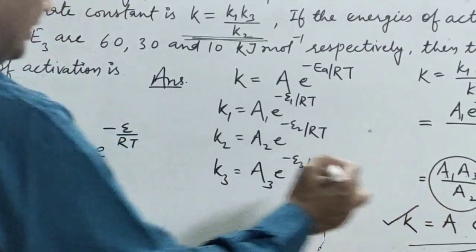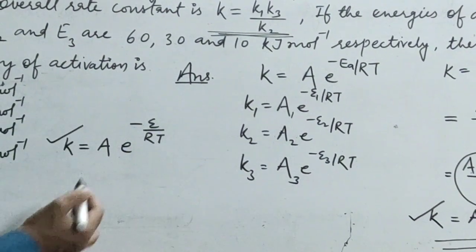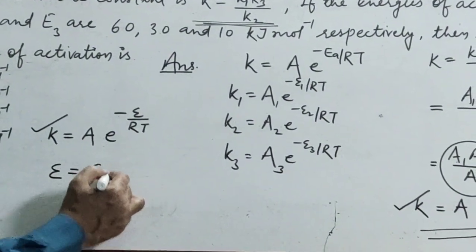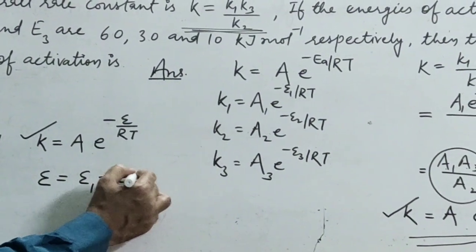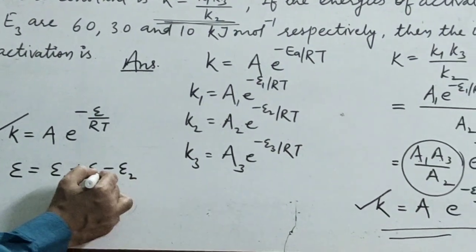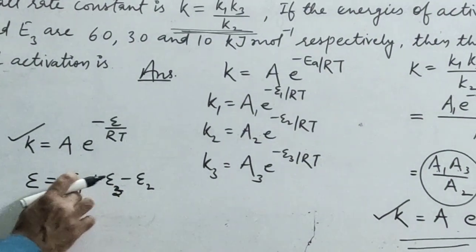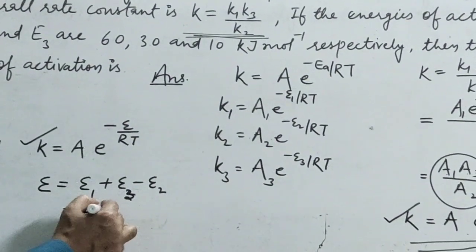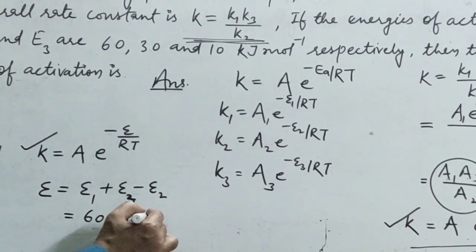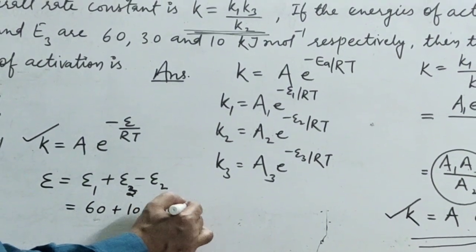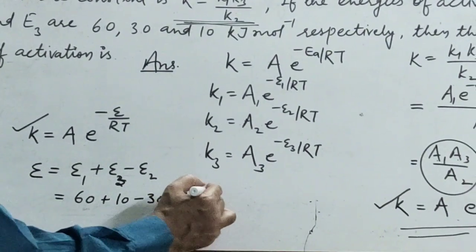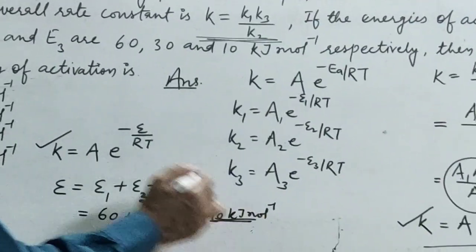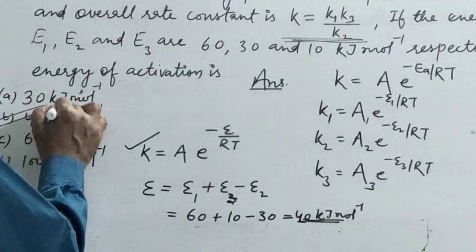Comparing the two equations, we can say E is equal to E1 plus E3 minus E2. E1 is 60, E3 is 10, and E2 is 30. So it comes out to be 40 kilojoule per mole. So your answer is 40 kilojoule per mole.